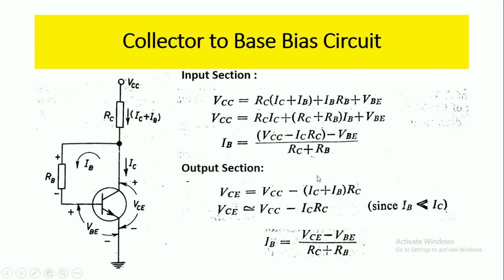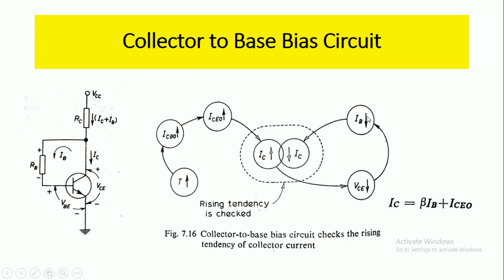When VCE decreases, IB also decreases. So when IB decreases, the collector current IC also decreases. So this collector to base bias circuit makes the transistor independent of the temperature. That is, even if the temperature increases, the collector current IC is maintained constant.